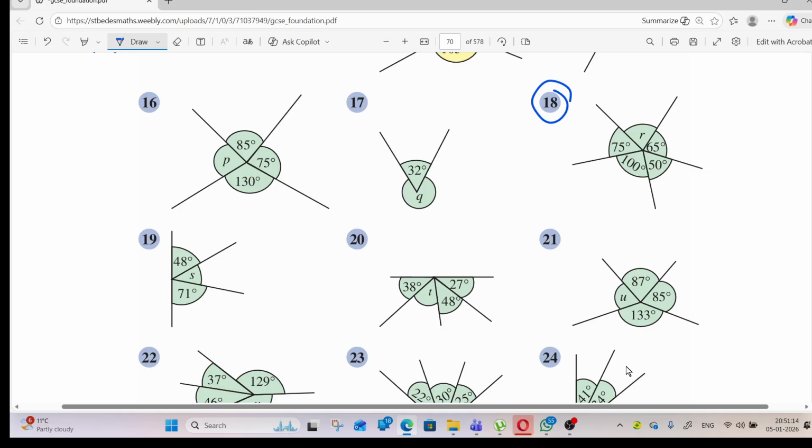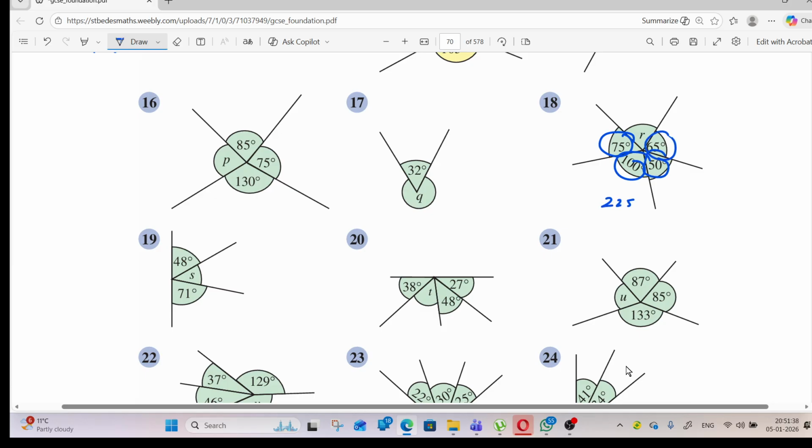Similarly, let me explain this one. They all add up to 360 because they are on a point, right? So 75 plus 100, let's just add them like this. If you add 75 and 100, you get 175, right? Then if you add 175 with 50, you get 225.